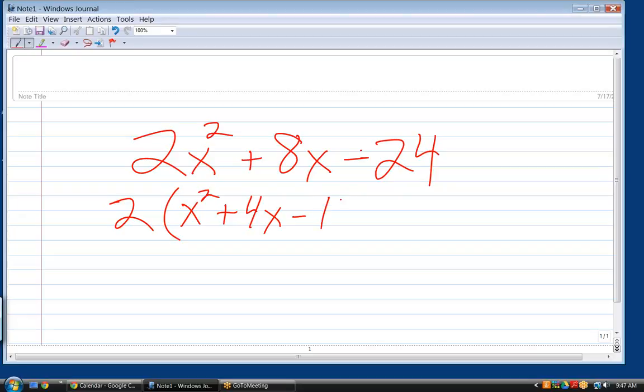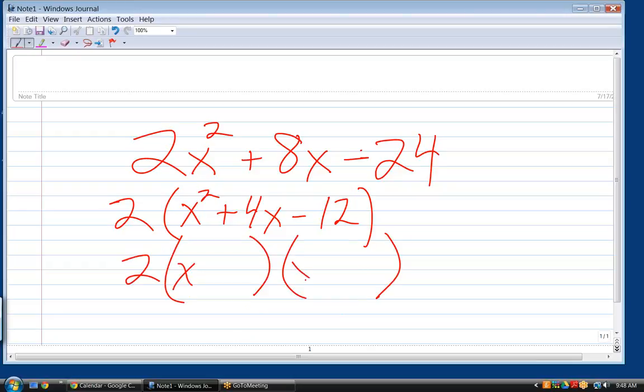12. Okay. Now, notice what we have. Now we have this that can also be factored, and we need to. In other words, taking out the greatest common factor left us with a simple quadratic. So I still need to have that 2.